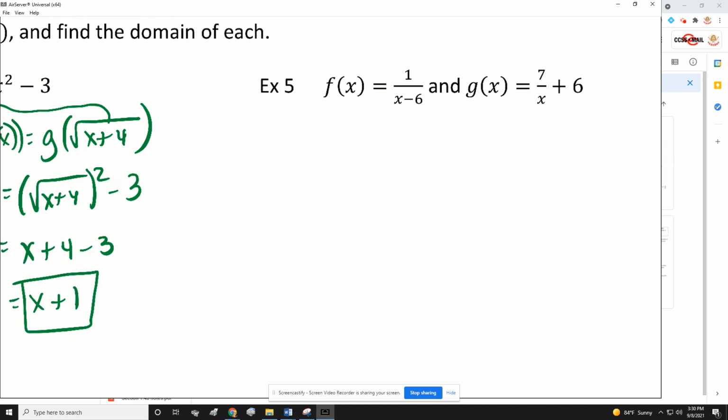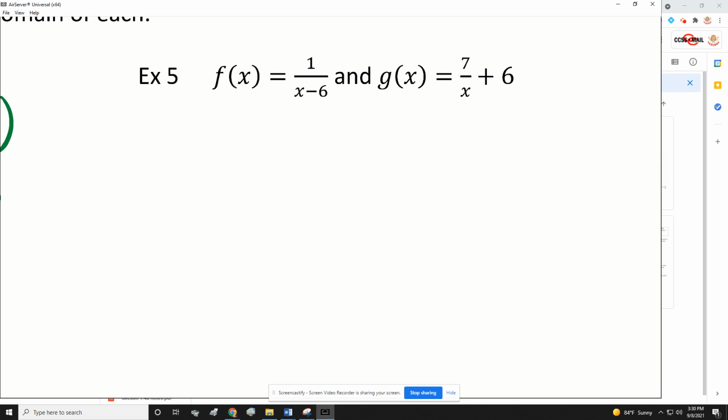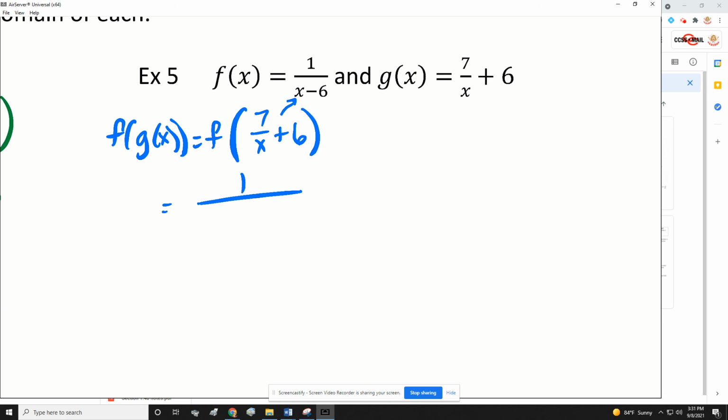Okay, let's look at example 5. Same thing, we're going to find f of g of x and g of f of x. So we're going to take what g is, which is weird, 7 over x plus 6, and put it into the f function, which means I still have 1 over, but in the place of x, I'm going to write that weird function, and then I'm subtracting 6 from it.